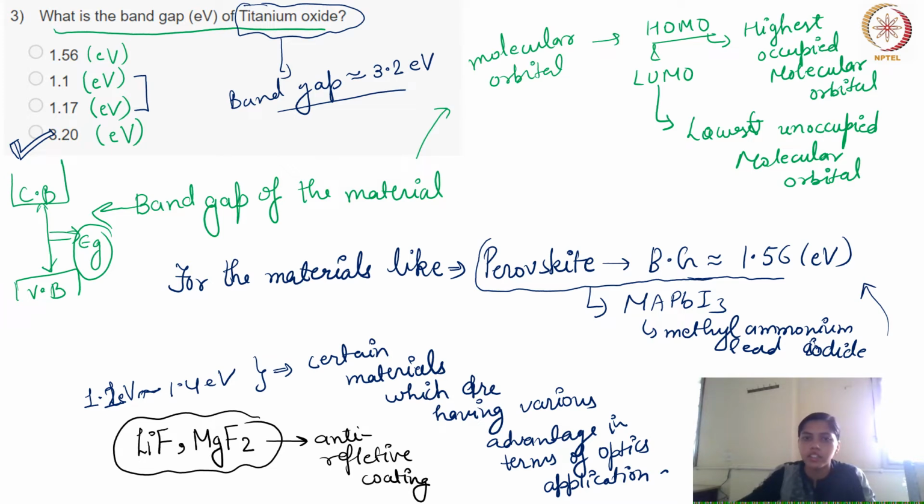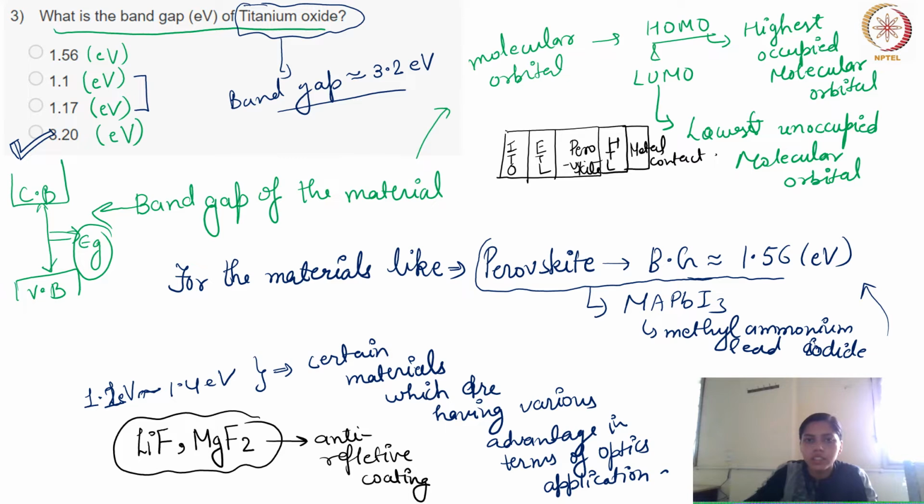In a solar cell, you have a multi-layer stack. Suppose this is your front transparent electrode, which is your ITO, followed by some ETL, then your perovskite or any active light-absorbing layer. Then you have your HTL, the hole transporting layer, and finally some metal contact.